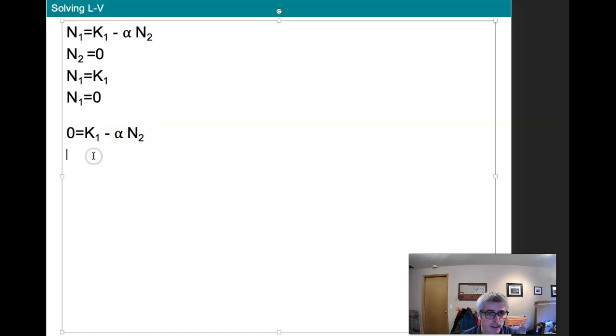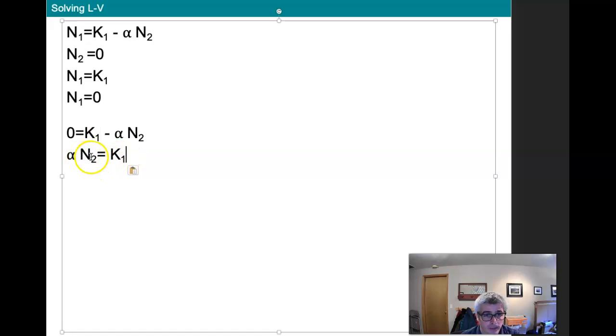We'll add alpha N1 to both sides, and that is equal to K1.